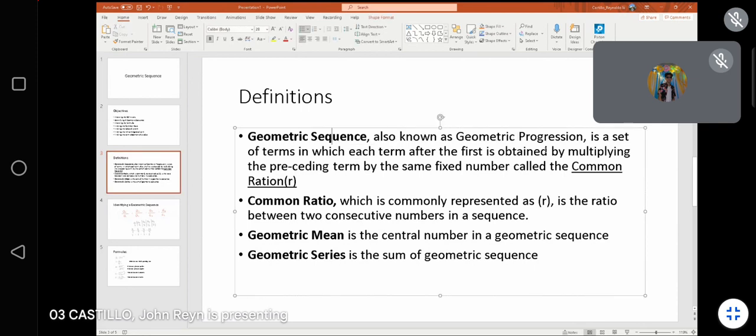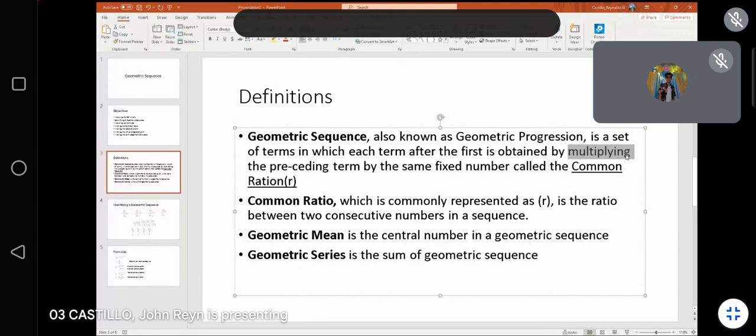So what I want to show here is the main words that you can use to remember the geometric sequence itself. The main word that you want to remember in the definition is multiplying, because in arithmetic sequence we use addition, but in geometric sequence we use multiplication.